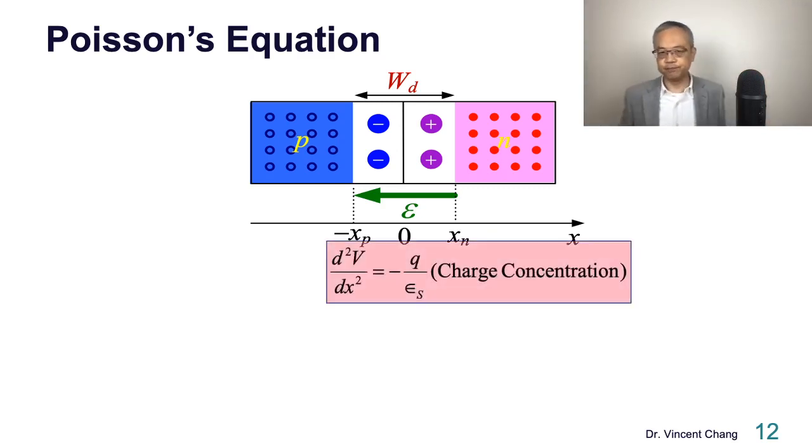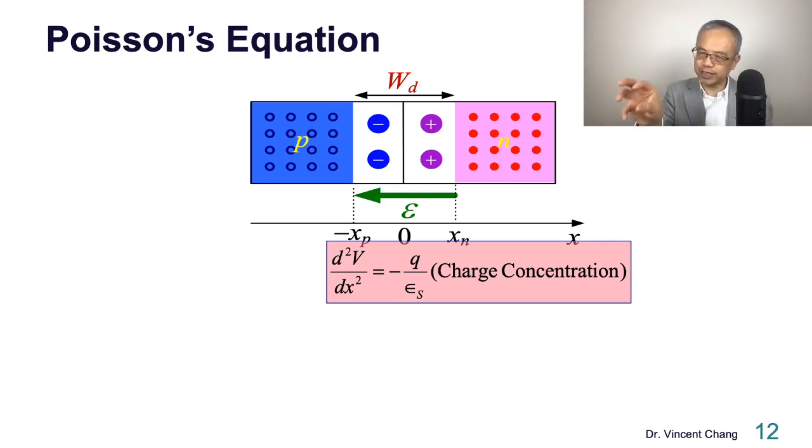Poisson's equation. This is the Poisson's equation. So we need the Poisson's equation to analyze the electrostatic characteristic or nature within the depletion layer. So we need a governing equation to govern the electrostatic nature within the die, especially within the depletion layer. So here's the Poisson's equation.